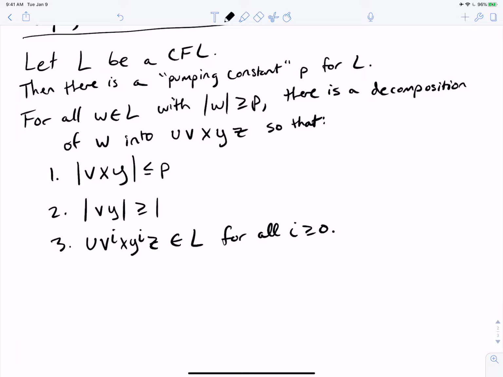No. So take note of that, because that tells us that the parts that are involved with pumping are not necessarily at the front of the string. They can be anywhere because we have no stipulation on how small or big the beginning of the string, U, is.